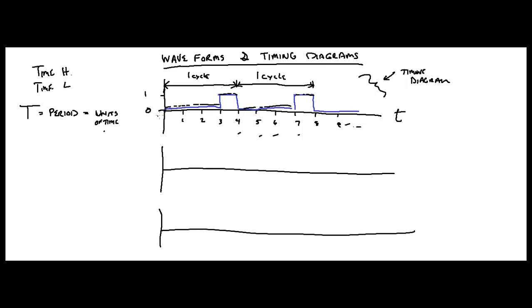So basically that is the time of one cycle. Okay? So it's the time required for this waveform, a periodic waveform, to repeat. So I'll just write down over here time for one cycle. Got it?